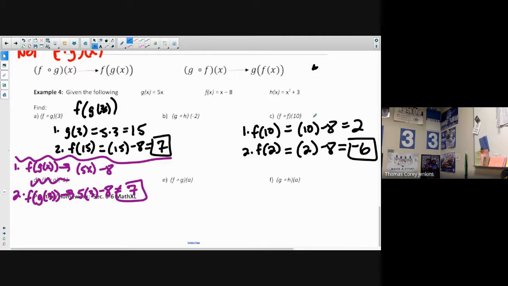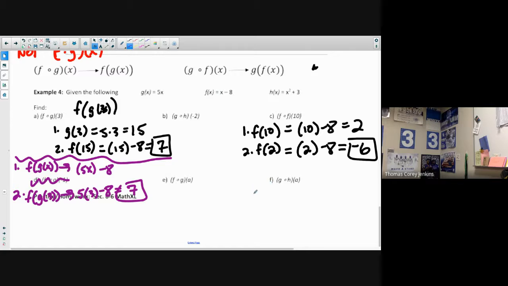And then you plug in 10. 10 minus 16 gives you negative 6, if that makes sense. Okay. E and F look a little bit different, a little more abstract, not subbing in a number there, but subbing in a variable. So let's just do example F here with method 2. And then I'll talk you through method 1, and that'll conclude our video.